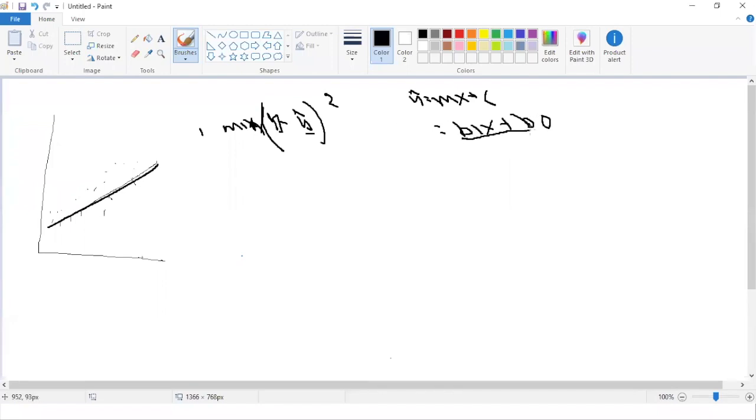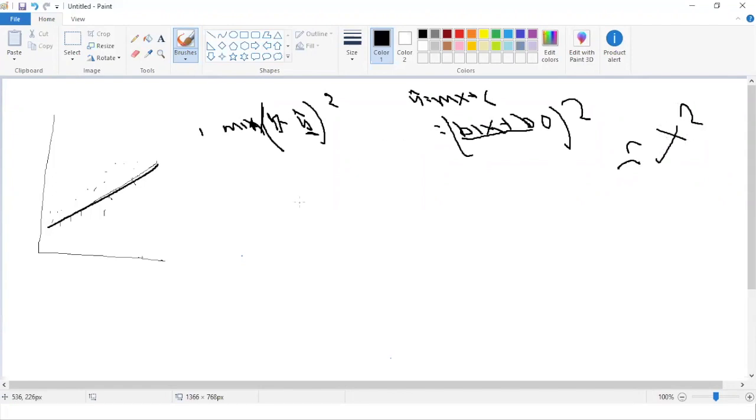If we take this term and put it in the place of y hat, it means this particular equation squared. If you break it, you'll get b1 square x square plus b naught square plus 2 b1 b naught x. So you'll get an equation which will be the equation of x square.